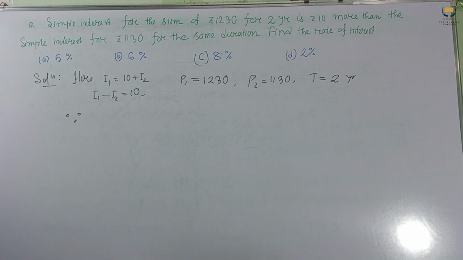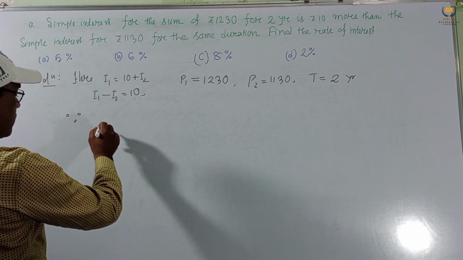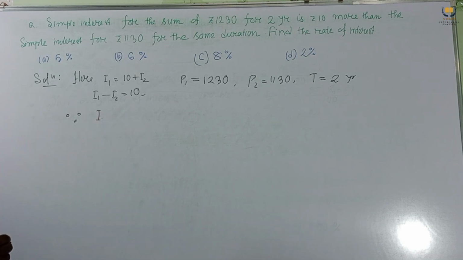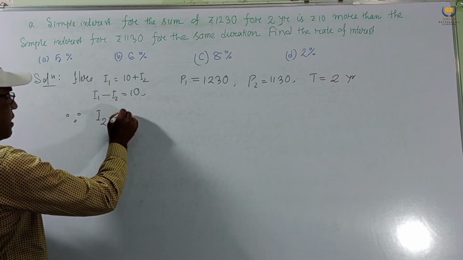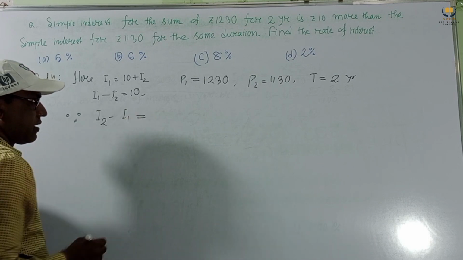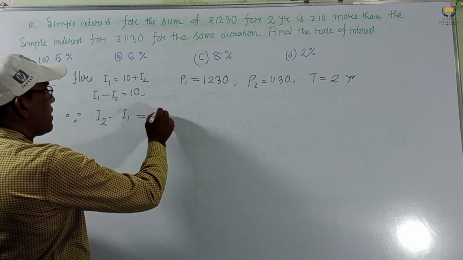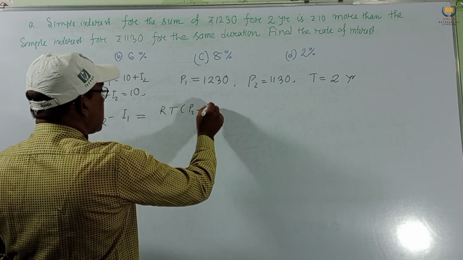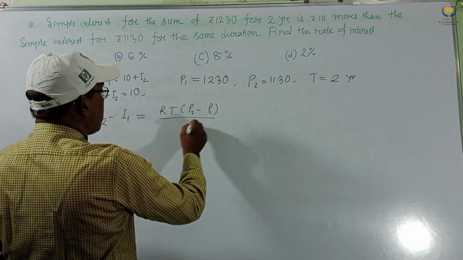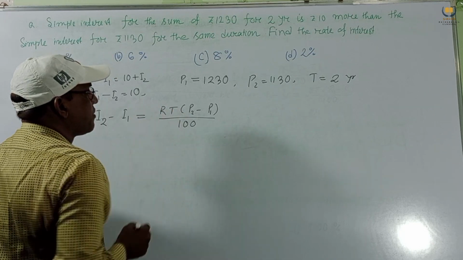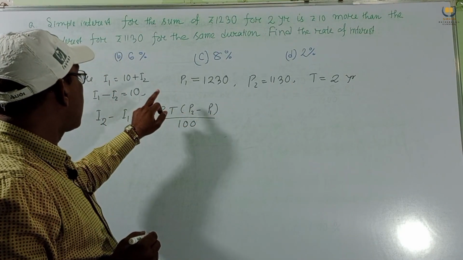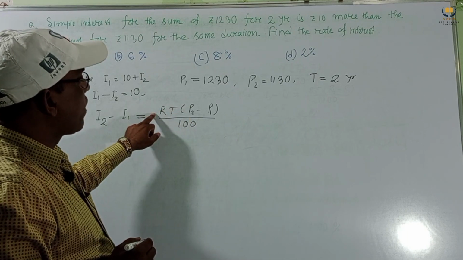Since we know this formula, we can write I2 minus I1 equals RT (P2 minus P1) by 100, because here P is given, T is given as 2 years, and R we have to find.